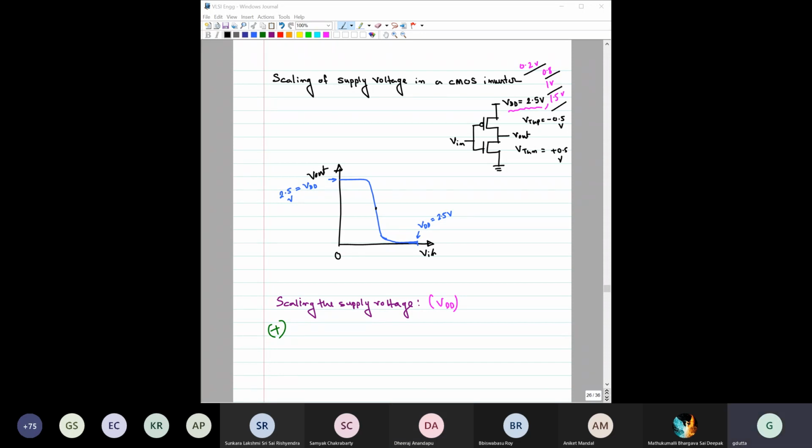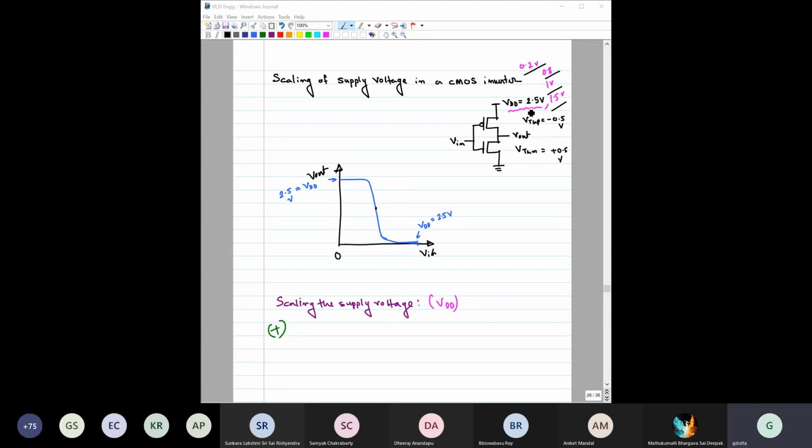Okay, so the question is something like this. For this CMOS inverter, VDD is 2.5 volt. So what will happen if I reduce this VDD, the supply voltage? See, if you are reducing VDD, that means at the same time you are reducing Vin as well, right? Because the maximum voltage of Vin will be equal to VDD.